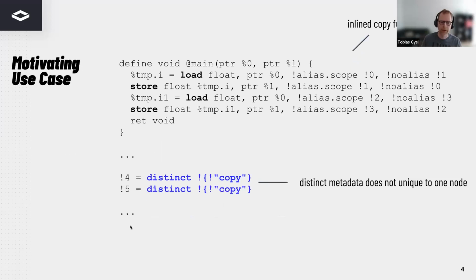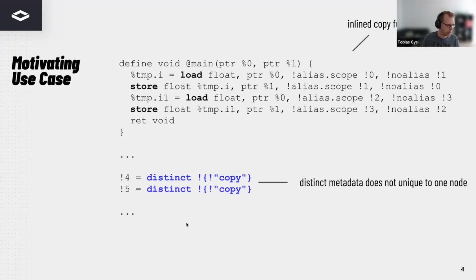So as an example, if we inline the copy function twice, we will have two domain nodes. Both domain nodes will have the same copy data in them, so they're exactly the same, but because they are marked distinct, they basically map to two metadata nodes with different tags, so !4 and !5.